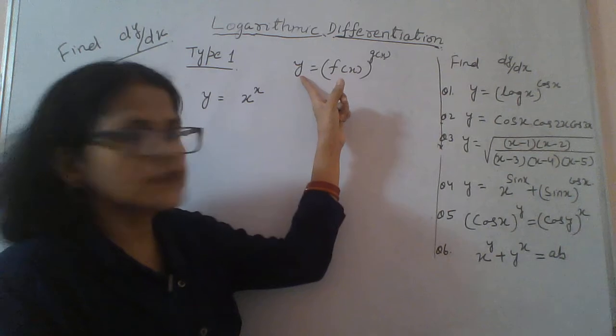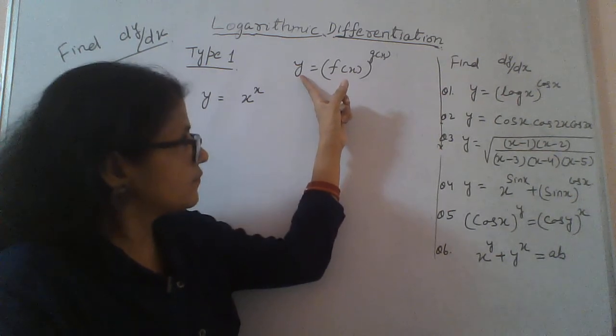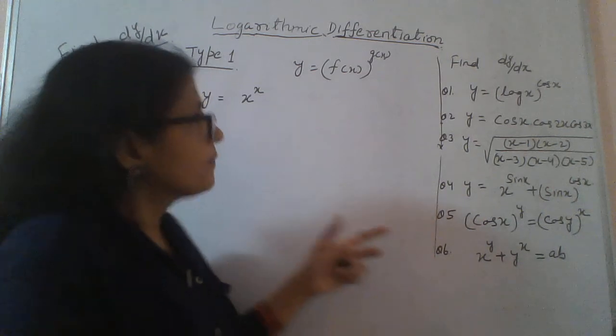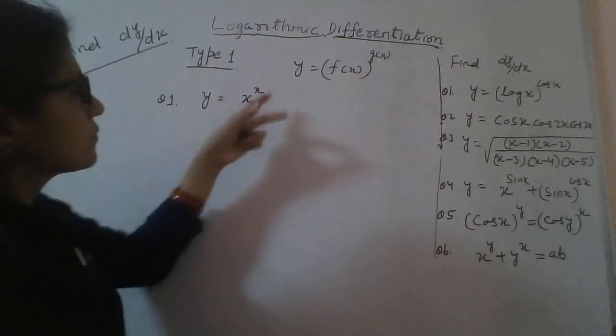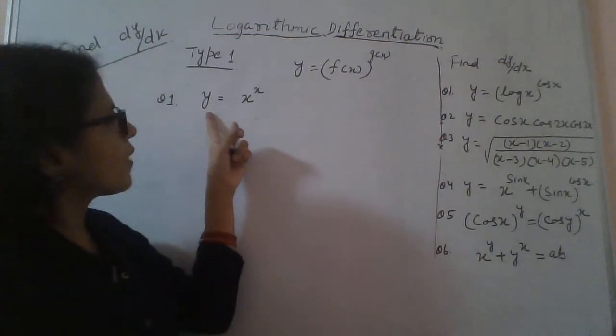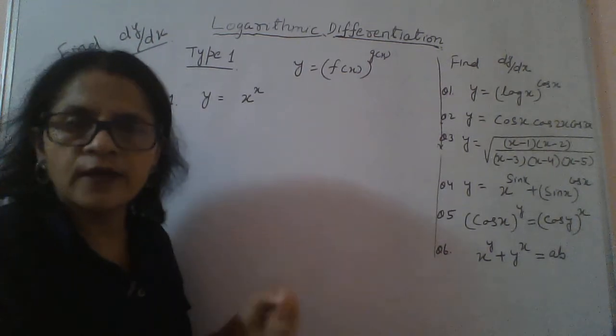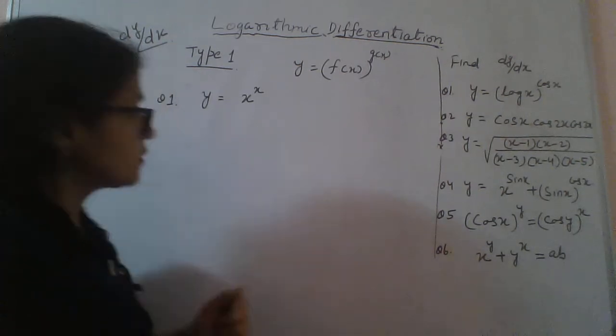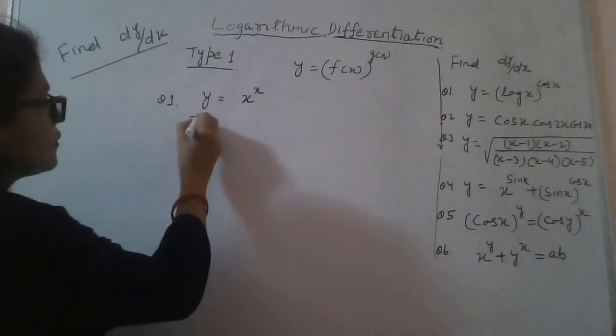It means the function is of the form f(x) to the power g(x). To start with a very simple question, let me take y equals x to the power x. In such questions, what is the procedure? Taking logarithm of both sides.